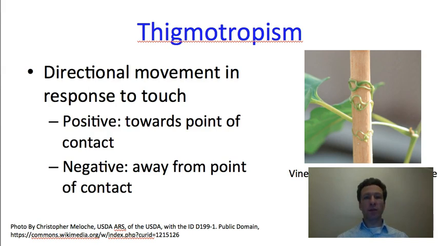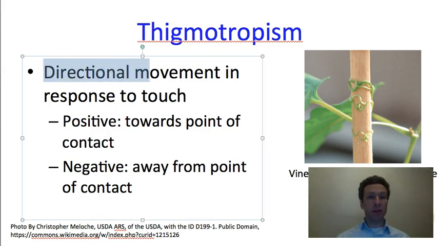The next tropism we'll talk about is thigmotropism, or response to touch. And thigmotropism then is a directional growth in response to touch. Positive thigmotropism is towards the side that is being touched, and negative is going to be growth away from the point that is being touched.